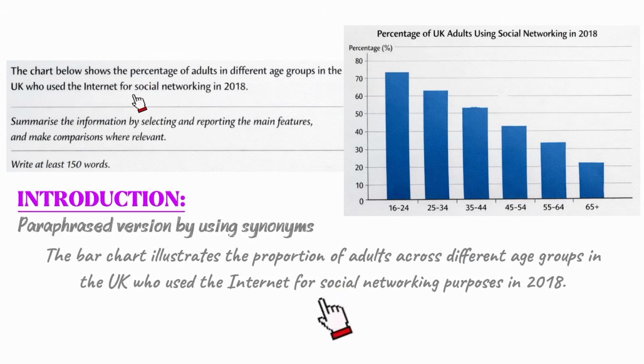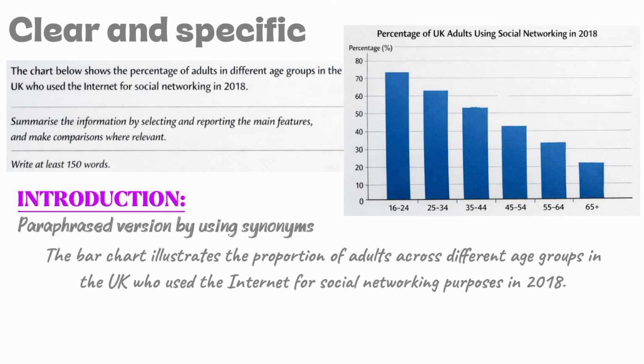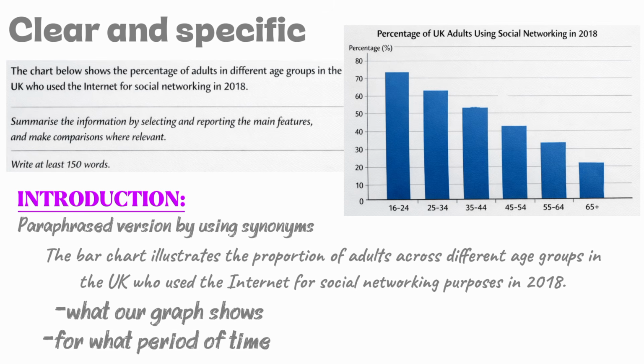And I added purposes to social networking to be more specific and try to paraphrase the line. Then we have the time period, which we didn't change this time to show the date precisely. And that's all with our introduction. It is clear and specific, and it says what our graph shows and for what period of time. So when the examiner starts reading our essay, he will quickly get familiar with the bar chart.